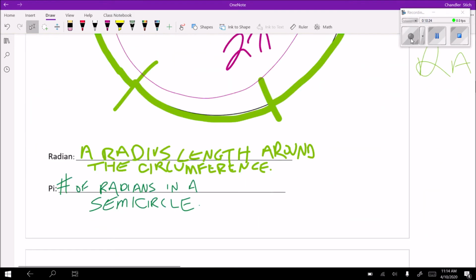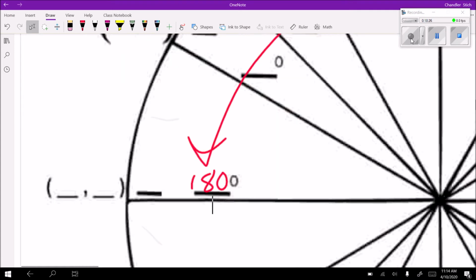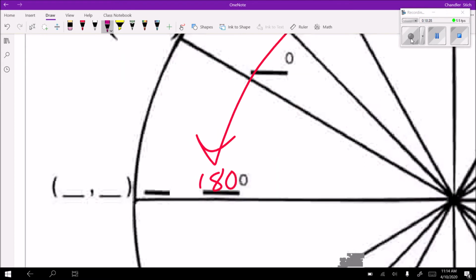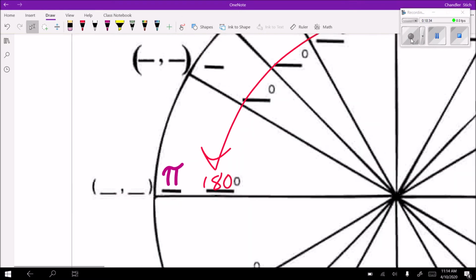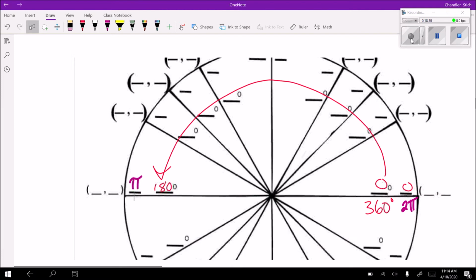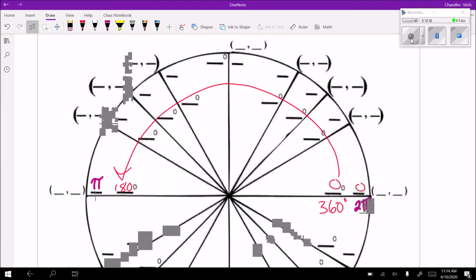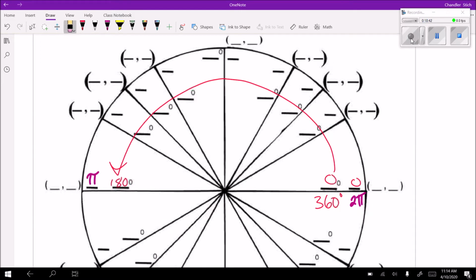This dark green? I have pi. So, 180 degrees, I get pi. At 0 degrees, I had 0 or 360. Go ahead and erase this line. Okay, we have our 2 sides right there.